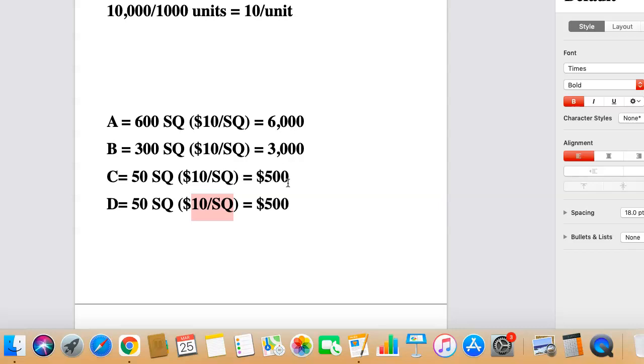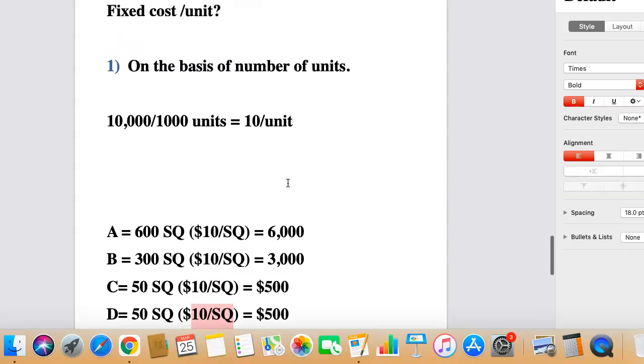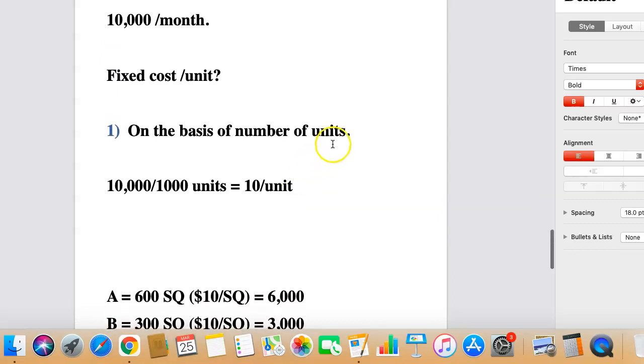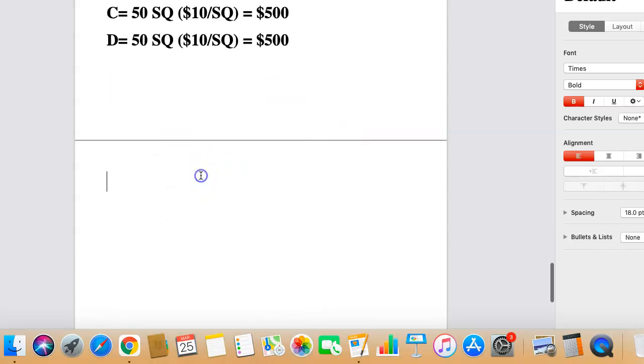Correct? So now coming back to activity-based costing. Activity-based costing has the same idea. When you're calculating the fixed cost per unit, instead of doing it on the basis of number of units in a random way, what you will do is you will calculate it in a more fair way, right? You will take the cost and divide that not by the number of units just randomly.